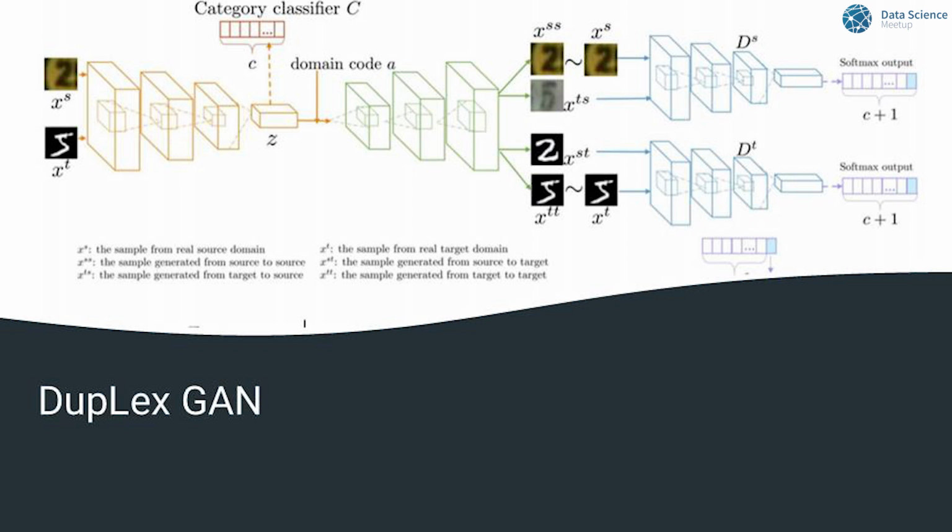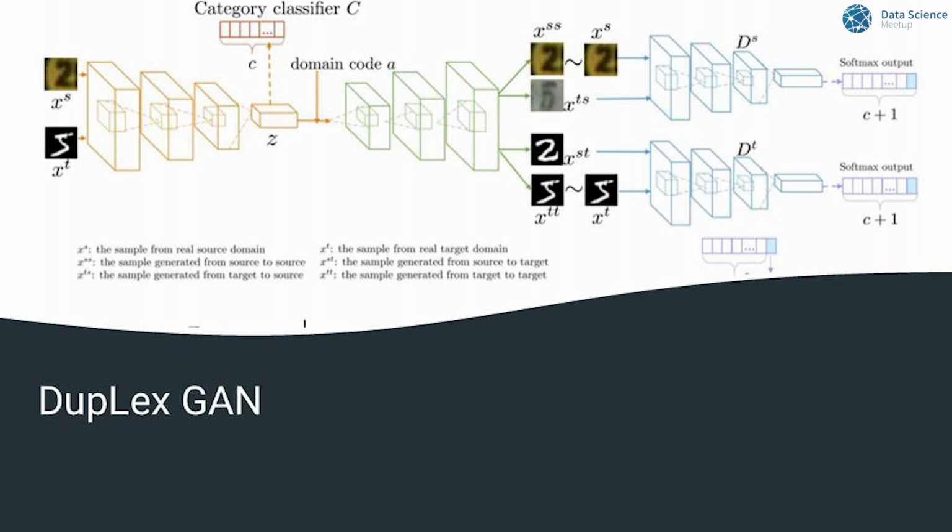Now the discriminator's task is to tell whether this is real or fake, right? So that's what it's going to do. It sits here. This one is for the source domain, and this is for the target domain. It will sit here and say, this is real data, this is generated data. This is real data, this is generated data. That's what it will be doing.